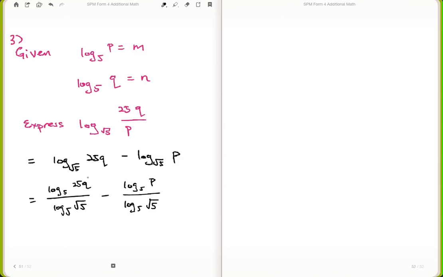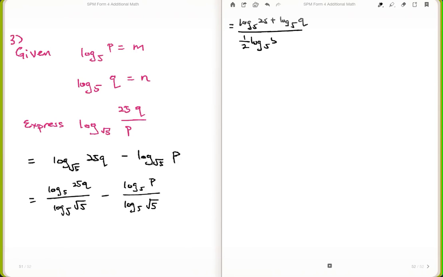Here you have log 25q, a number times a number, so this is plus. Then it will be log 5 of 25 plus log 5 q over, now here is root 5. Root 5 would therefore be half in front of log 5 5.